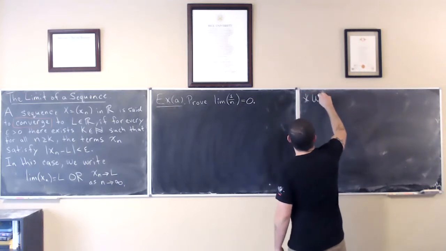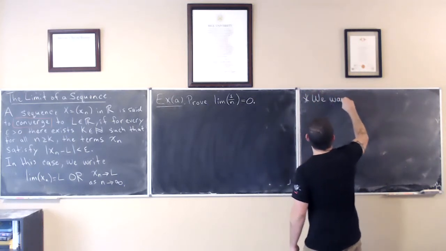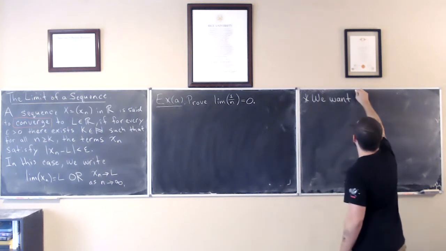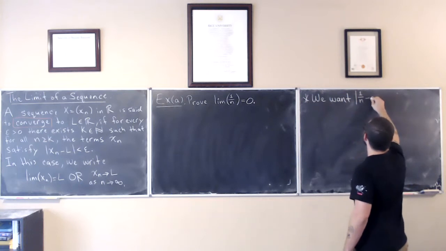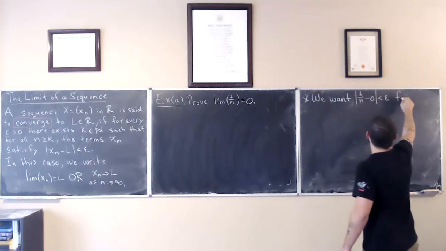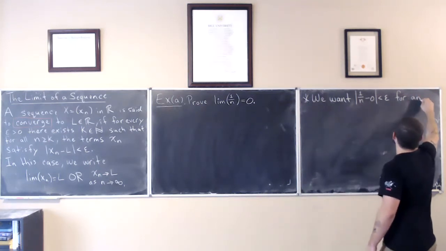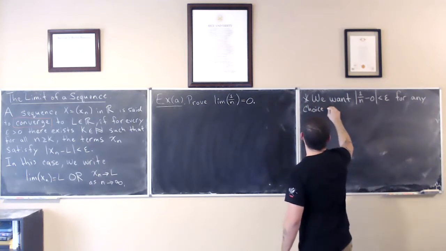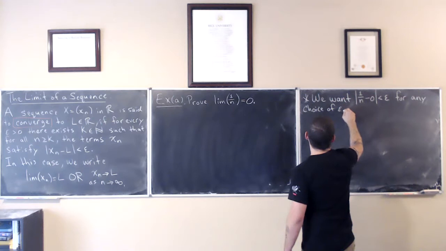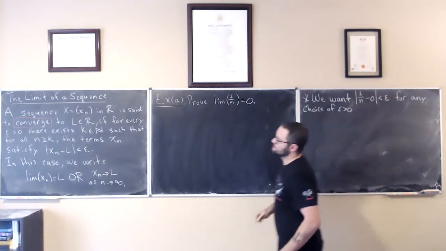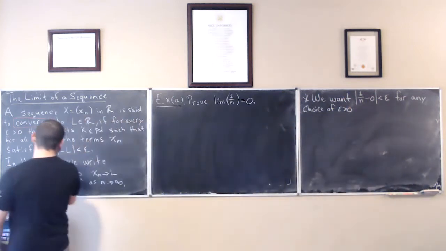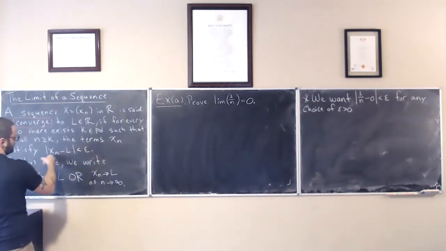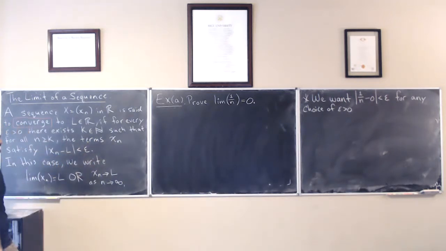So we want that the absolute value of 1 over n minus 0 is less than epsilon for any choice of epsilon greater than 0. That's what we want, right? We want this to hold, the sequence and the limit and epsilon.